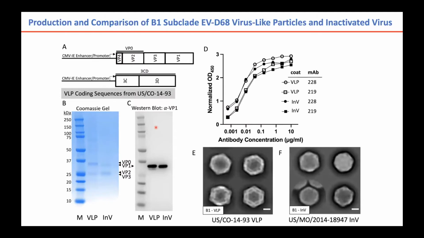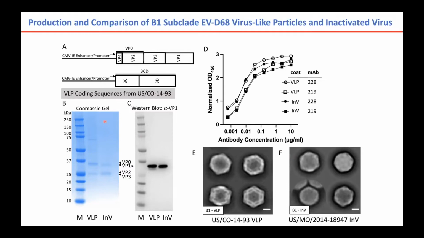To test the hypothesis, to answer the question whether or not these particles are similar, we made large quantities of virus-like particles and inactivated virus. These are all based on 2014 virus outbreaks. The VLPs are based on a Colorado outbreak virus, and the inactivated virus particles are based on a Missouri outbreak virus.